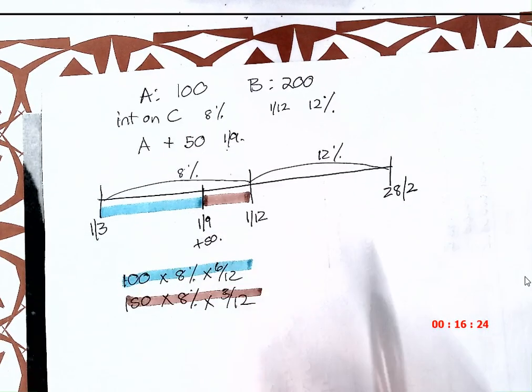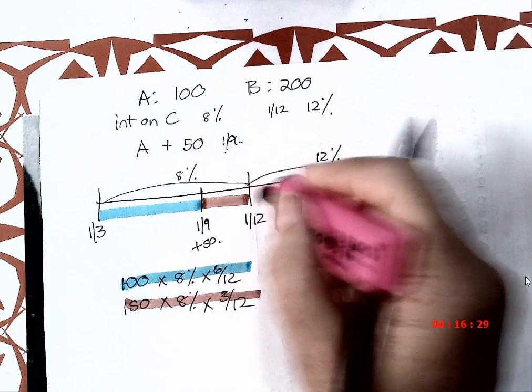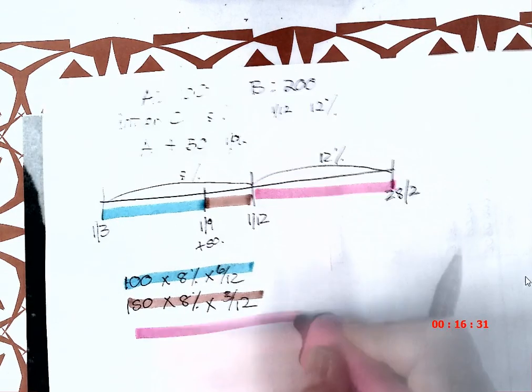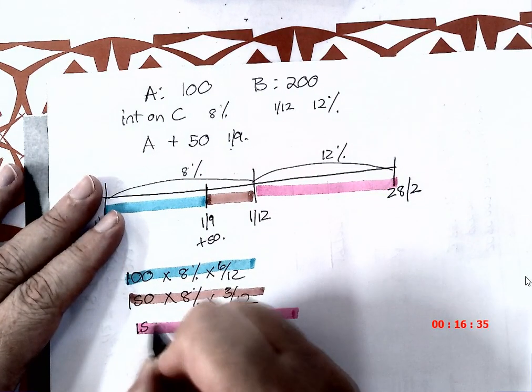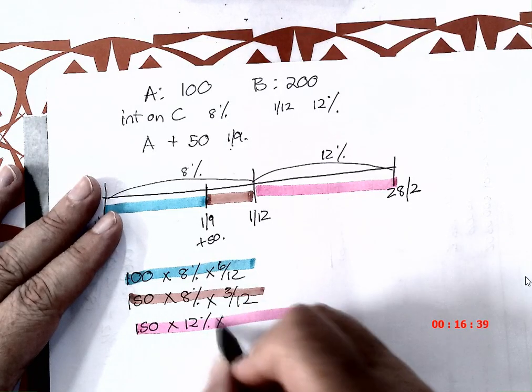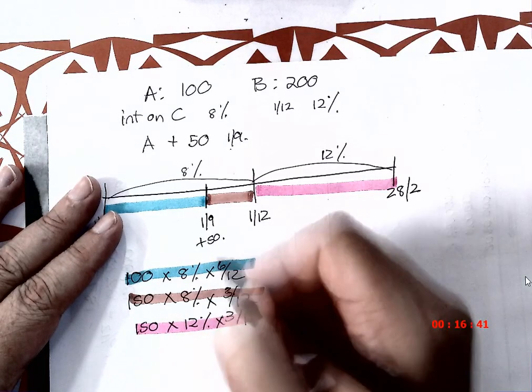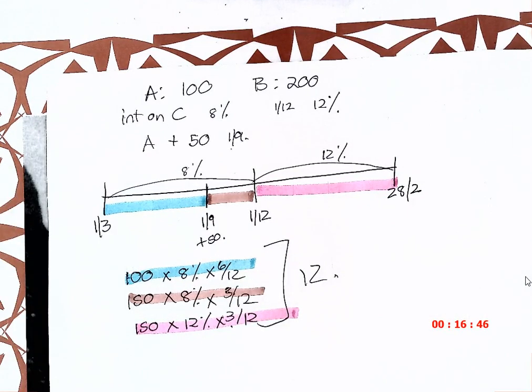And now you can already think, what's going to be the last one? So the last one is going to be that one, where now it's 150, 12%, 3 months. And you can see it's 6 plus 3 plus 3 gives me 12 months. You see what I did?